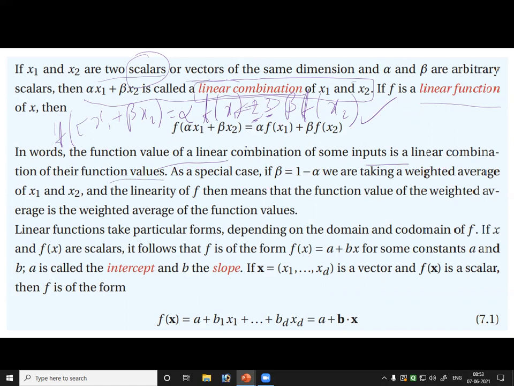As a special case, if beta is equal to 1 minus alpha, we are taking the weighted average of x1 and x2.